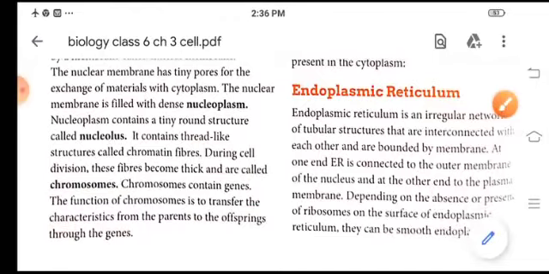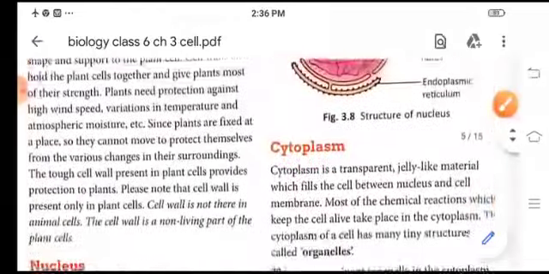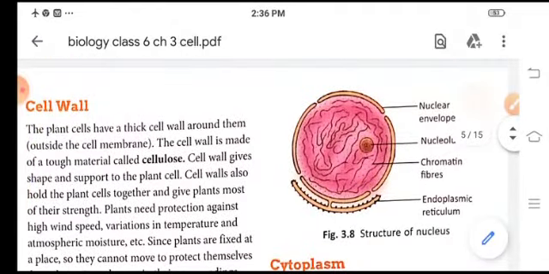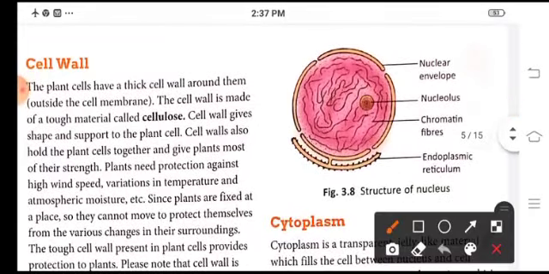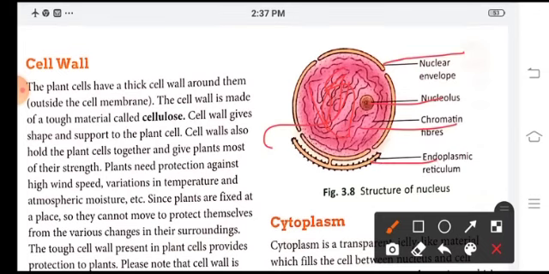Okay. So here is the structure of a nucleus. See, this is the nuclear membrane or the outer boundary of the nucleus. Nucleolus is present here. Now these thread-like structures are the chromatin fibers, and these chromatin fibers condense and form the chromosomes, and endoplasmic reticulum is here.